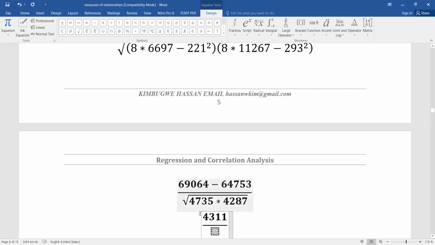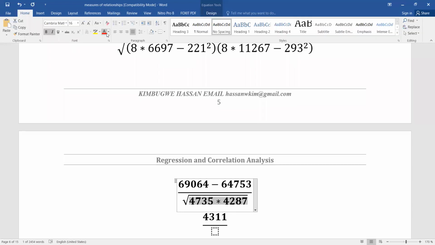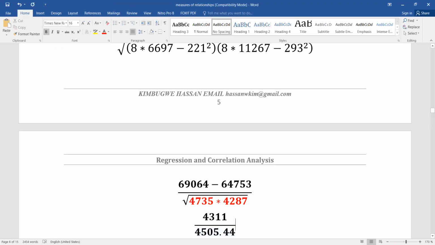And what are we getting when you multiply that and you get the square root? You'll get 4505.44. So what is the final value for R? R is equal to what?